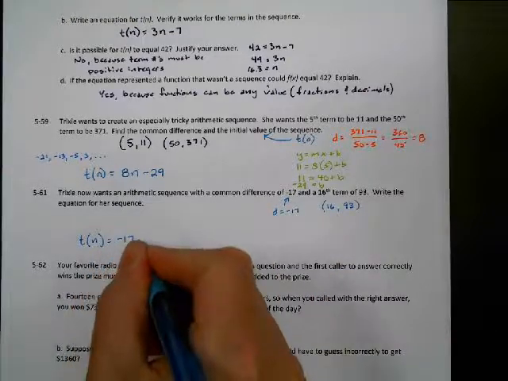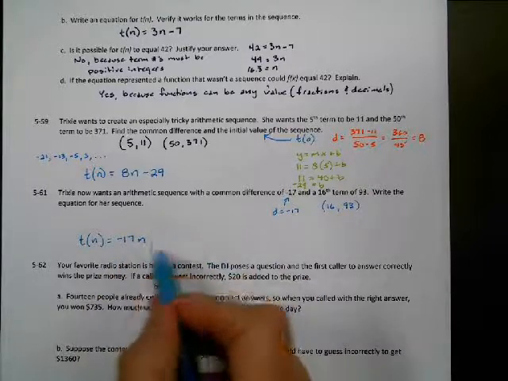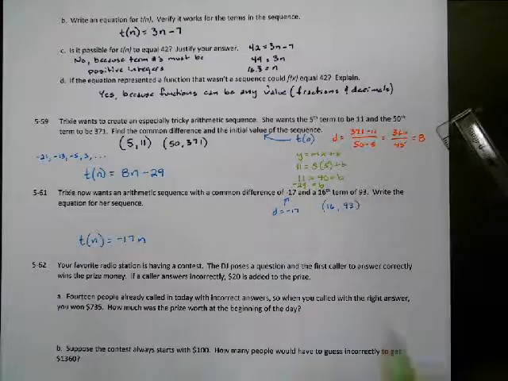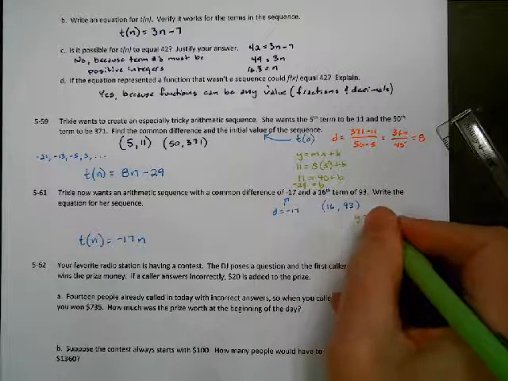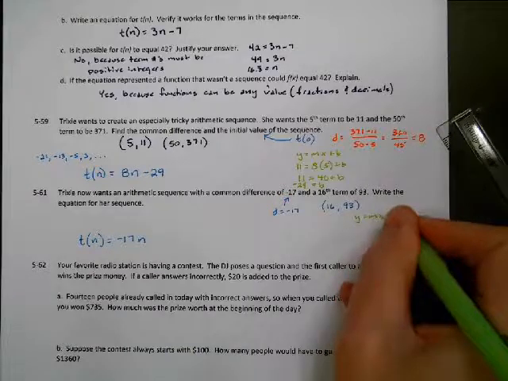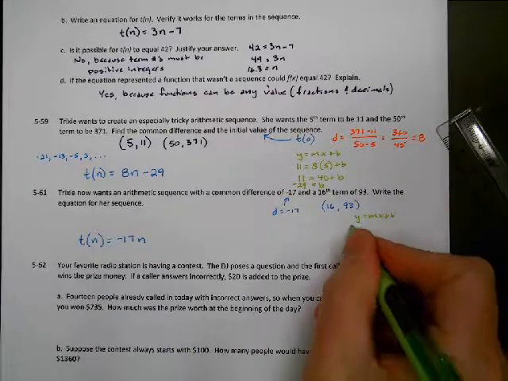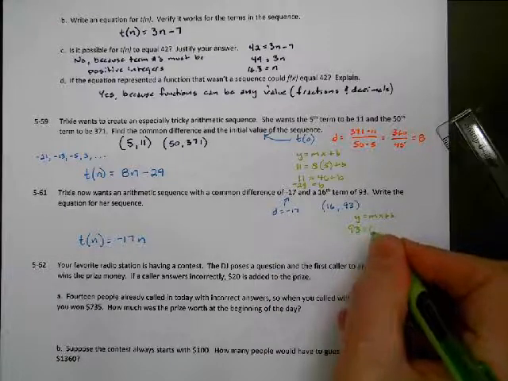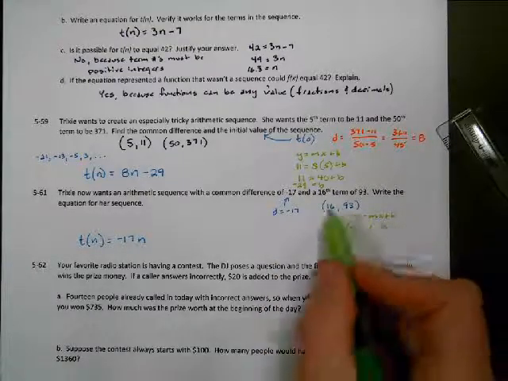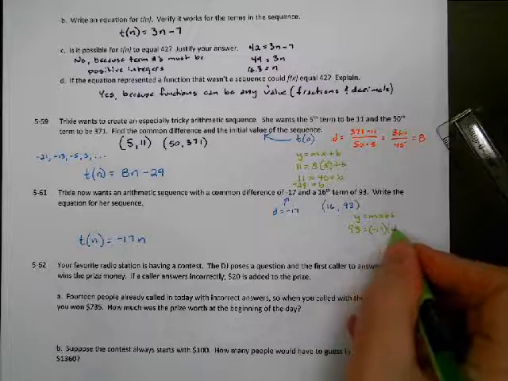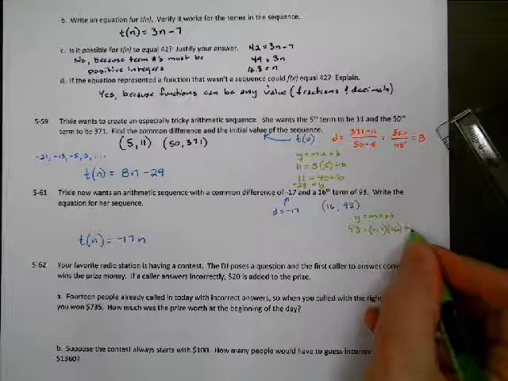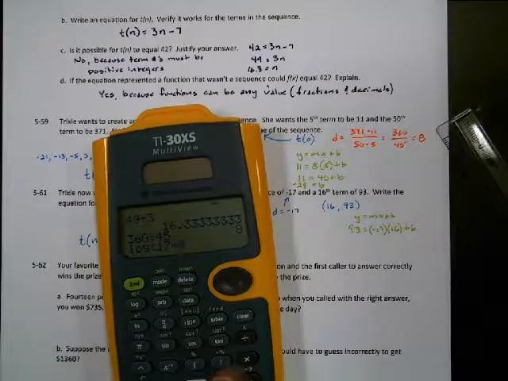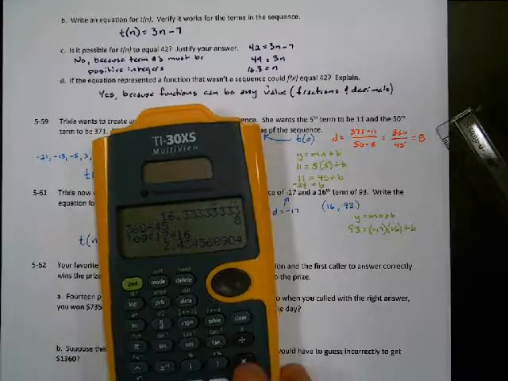So I'm going to use this right here again, y equals mx plus b. Instead of y, we plug in 93. Instead of m, we plug in negative 17. Instead of x, we plug in 16 plus b. Negative 17 times 16. So 17 times 16 ends up being, nope, 17 times 16. I don't know. 272.